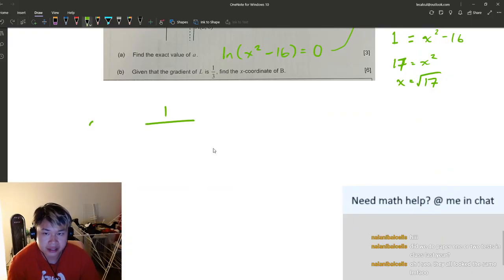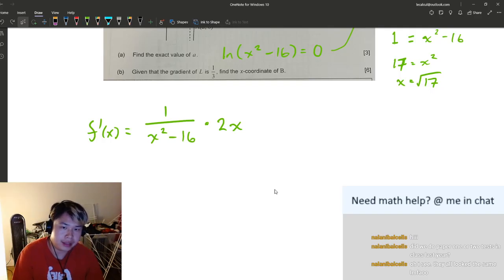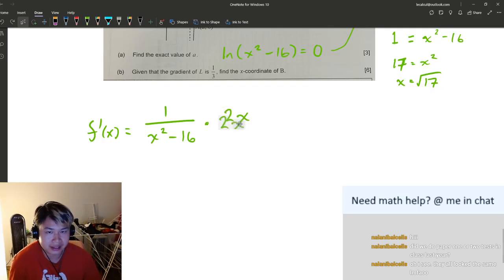So f prime of x is going to be 1 over x squared minus 16, and then chain rule, times 2x. Okay, and then we know that this needs to be equal to 1/3 at a specific x value.